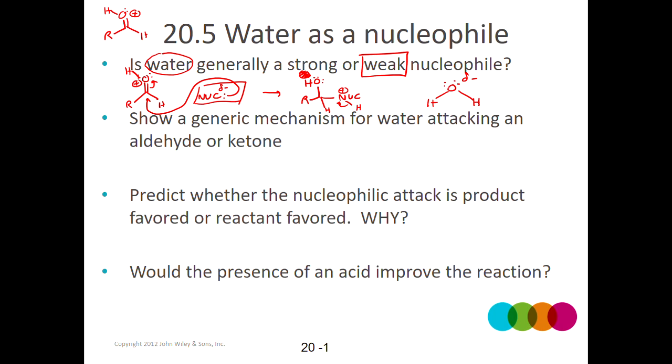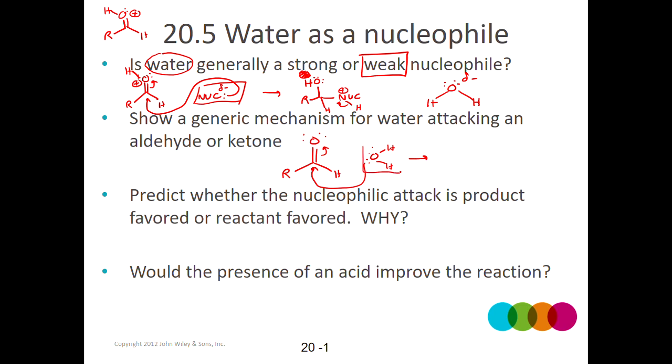That's pretty unstable. So if we want water to attack a carbonyl, it's probably not going to work well, whether we have an aldehyde like this or a ketone where both are R groups. Either way, it's not going to work very well if the water just tries to come in here and attack.